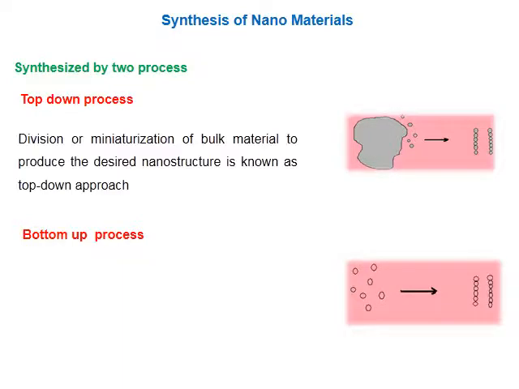They may also be called the top-down approach and the bottom-up approach. So what is this top-down process? This is the kind of process where you are producing a desired shape or size or structure by removing the unwanted parts from a bulk material. So this is known as a top-down approach.